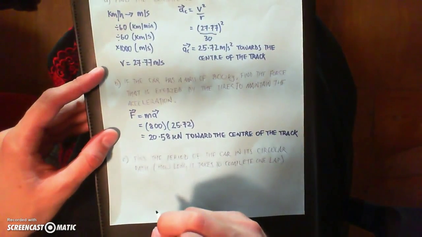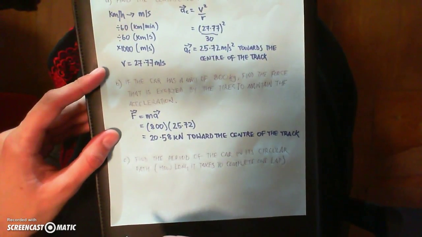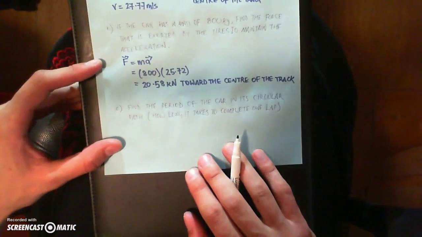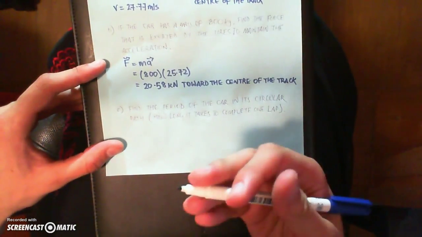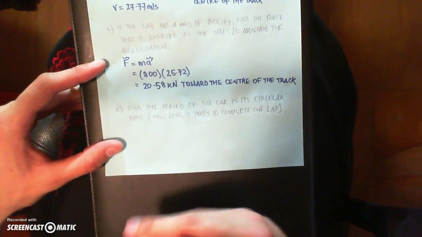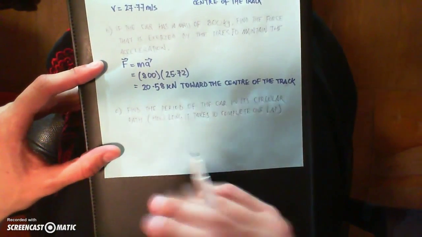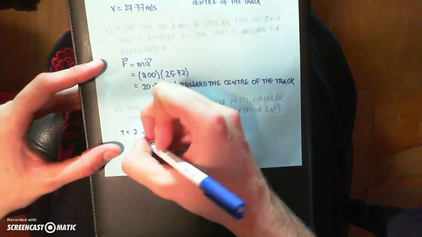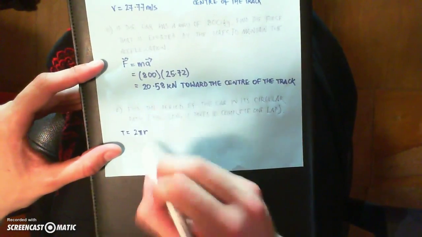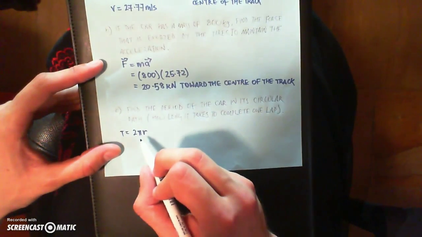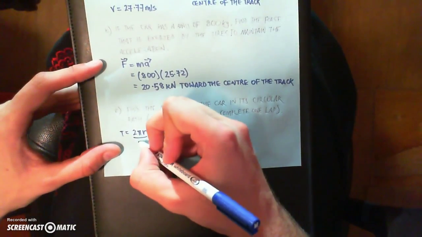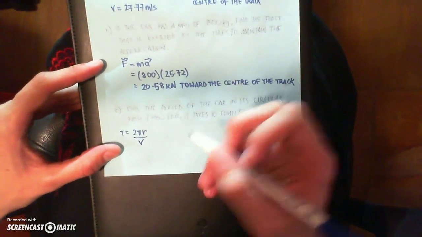Okay. Now, part C. Find the period of the car in its circular path. In this example, it is how long it takes to complete one lap. So we know our formula for the period is 2 pi r, that represents the circumference of the circle, or the distance of the racetrack, one lap, divided by the velocity, the magnitude of velocity.